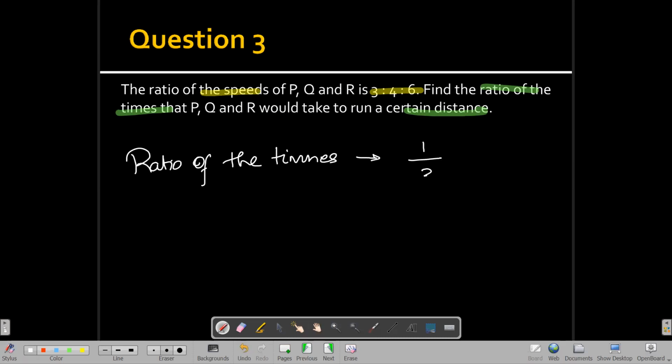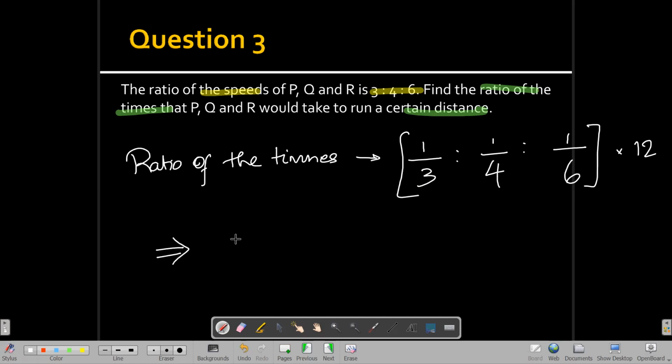That is 1/3:1/4:1/6. You can multiply each of these terms with 12, 12 being the LCM of 3, 4, and 6. Then you can see that the ratio of the times will be 4:3:2. And that is the answer for this question.